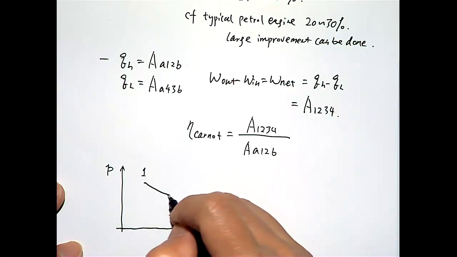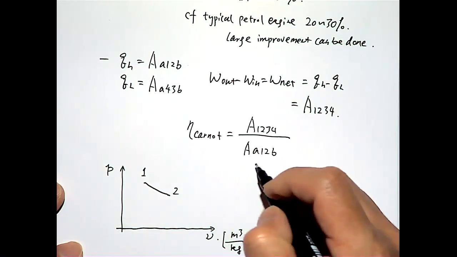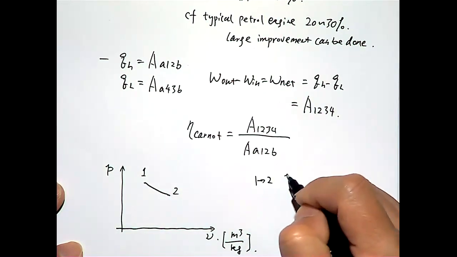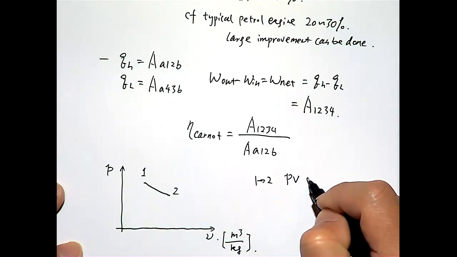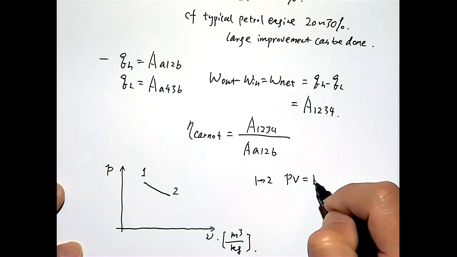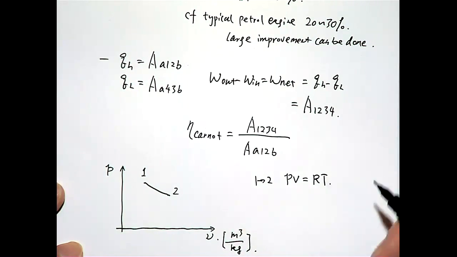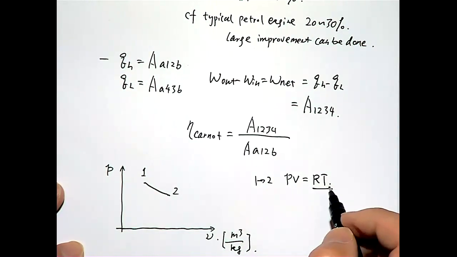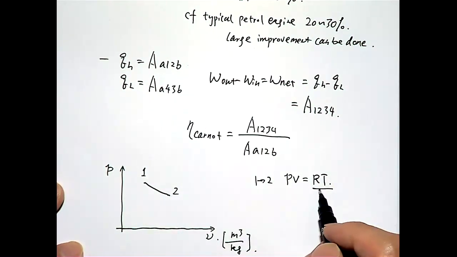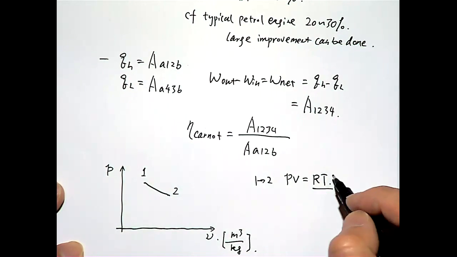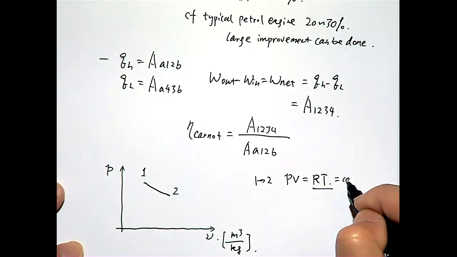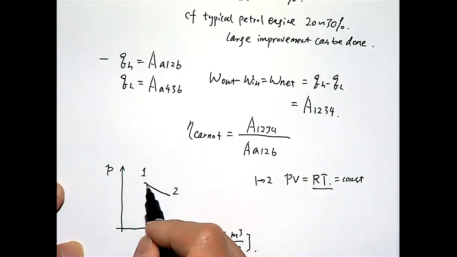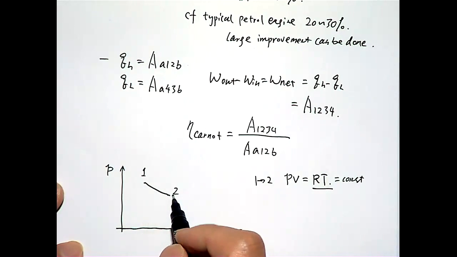Going to state 2, you should follow the PV equals RT condition. At the start and at the end, the temperature is the same. It's an isothermal process, right? So PV should equal a constant. You should draw a function of PV equals a constant here.